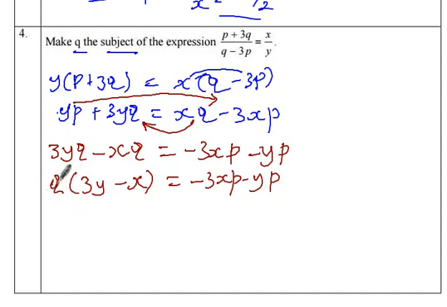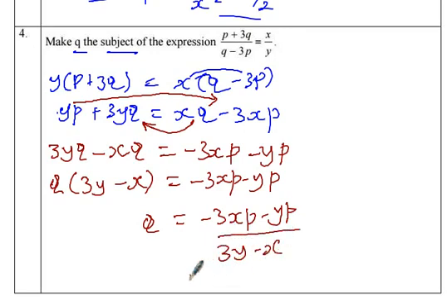What I was interested in is to have the q here. And now that I have q here, I can divide on both sides by this term, so I can write my answer as q is equal to minus 3xp minus yp over 3y minus x. And I have been able to have q left on one side of the equation. Now when you look at my answer, at this step, I moved my q on this side.